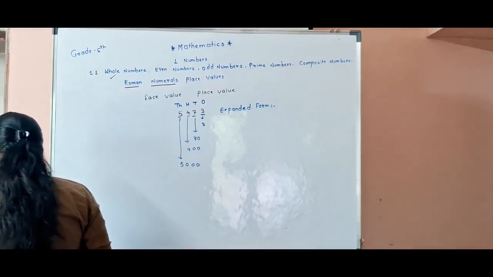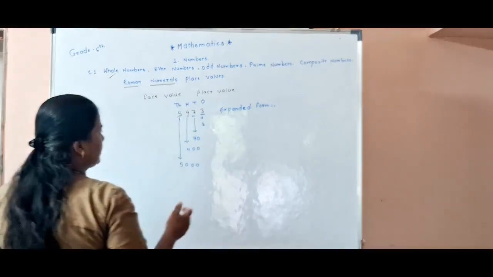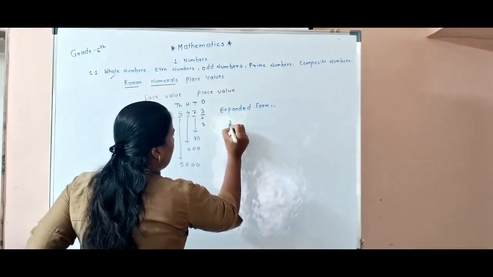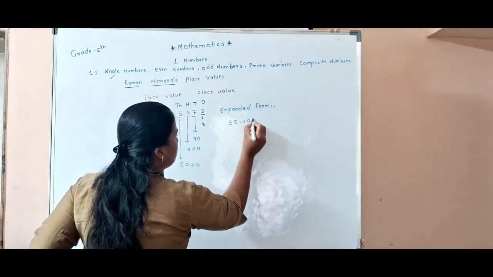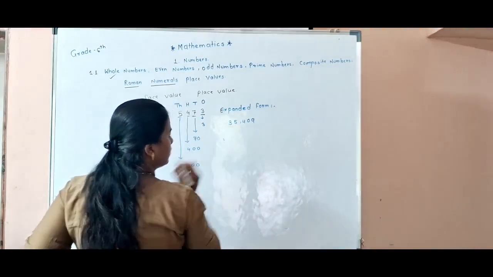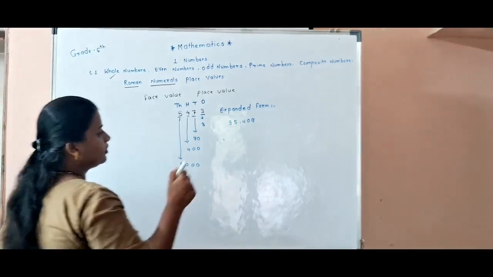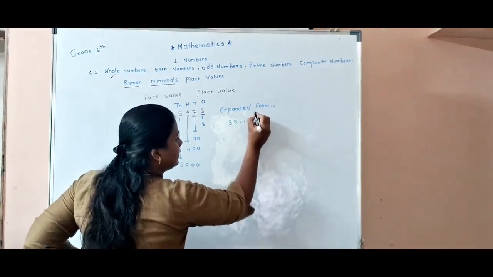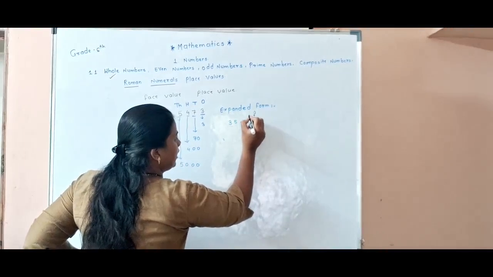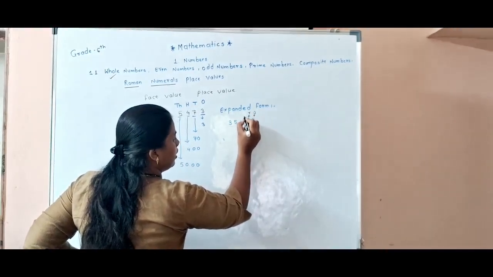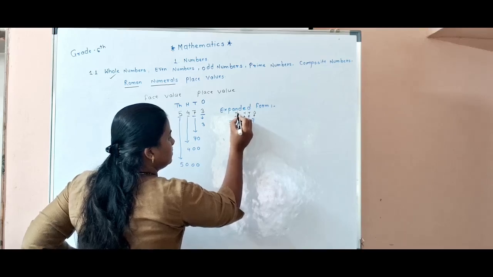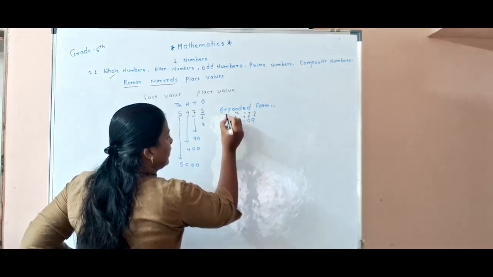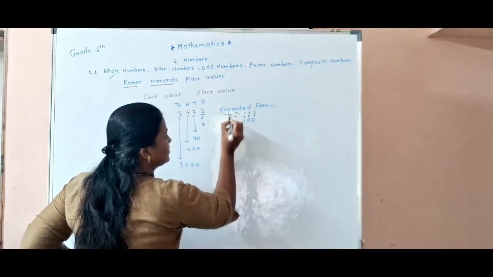For expanded form, I'll write one example: 3, 5, 4, 0, 9. Okay. See the values. Ones place, tens place, 100 place, 1000 place, and 10,000 place.